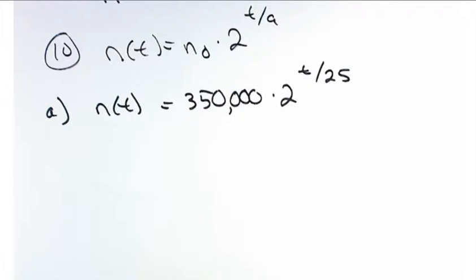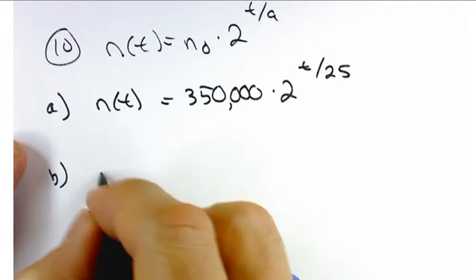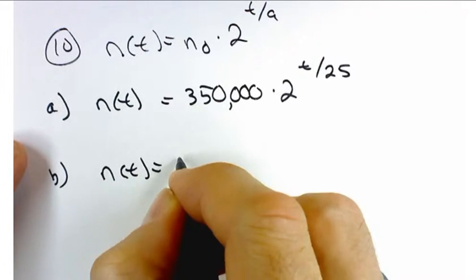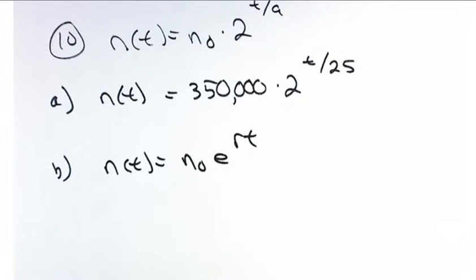So part B, we want a model of this form: N of t equals n sub 0 e to the rt. Well, they didn't really give us r. So that's where you're going to have to do some work here, to figure out what r is.